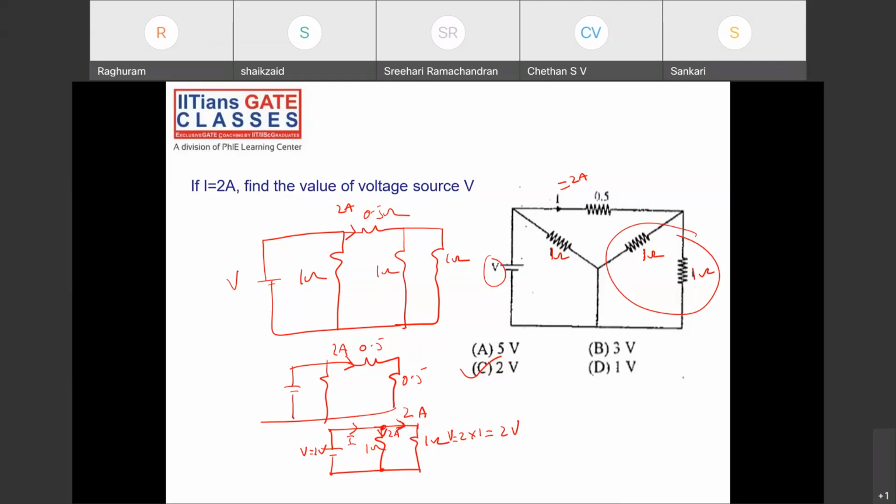So equal resistors share current equally. If this is 2, this should also be 2. By that logic, this will be 4 amps. 4 amps into 0.5 is 2 volts. Okay? Got it, sir.